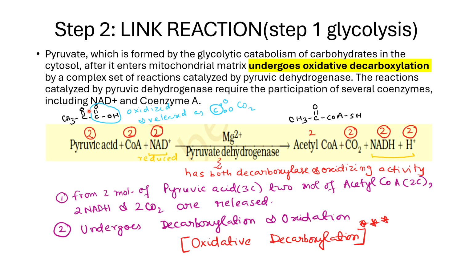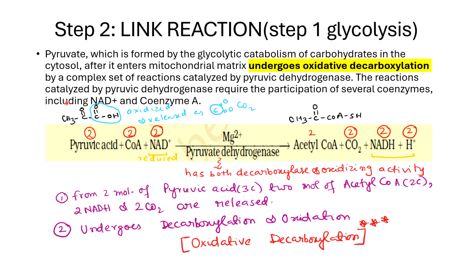Subsequently, the carbon dioxide group is released. So a decarboxylation step takes place, converting the pyruvic acid, a 3-carbon compound, into acetyl coenzyme A, which is a 2-carbon compound.